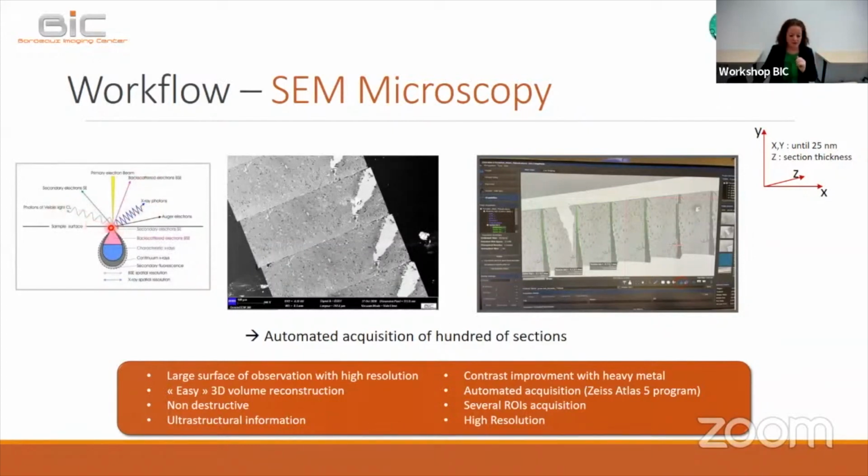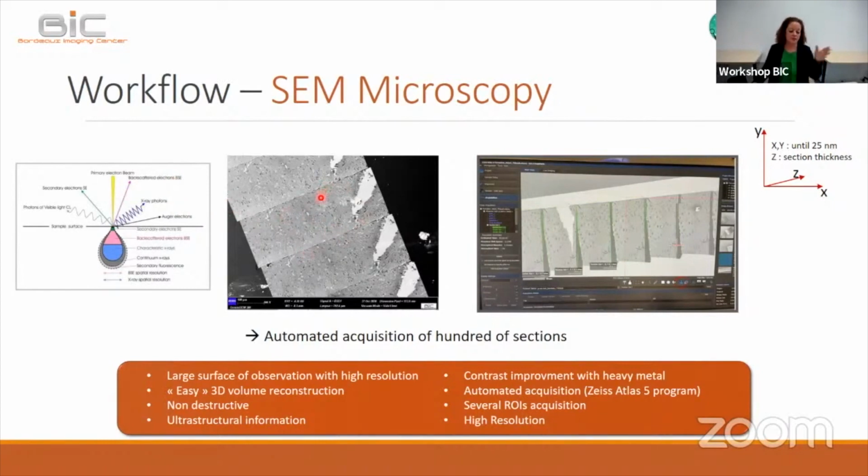What is interesting for us here is the backscattered electrons, which give an image of the topography and chemical contrast images. So it looks like TEM, but it's an SEM image.